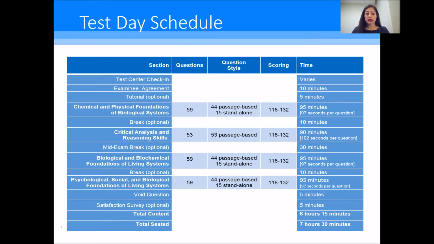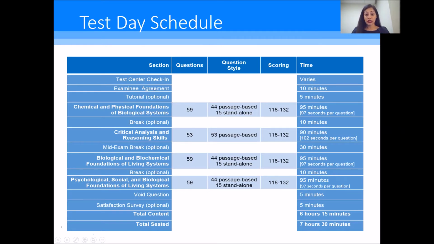So if it's a small testing center with only 10-15 people writing the exam on your day, check-in isn't going to take too long. Now, if there are 70 people writing the exam on the same day in the same location, then check-in is going to vary. So notice that the total time listed at the bottom, 7 hours and 30 minutes, doesn't include check-in time, so that's on top.